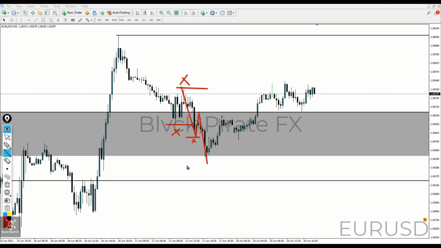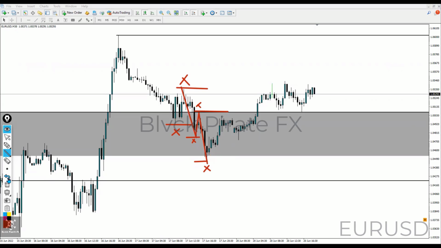You can mark it out and let it be visible so that it helps you decide when to get into this trade. You could use this as one swing, but actually it is not.